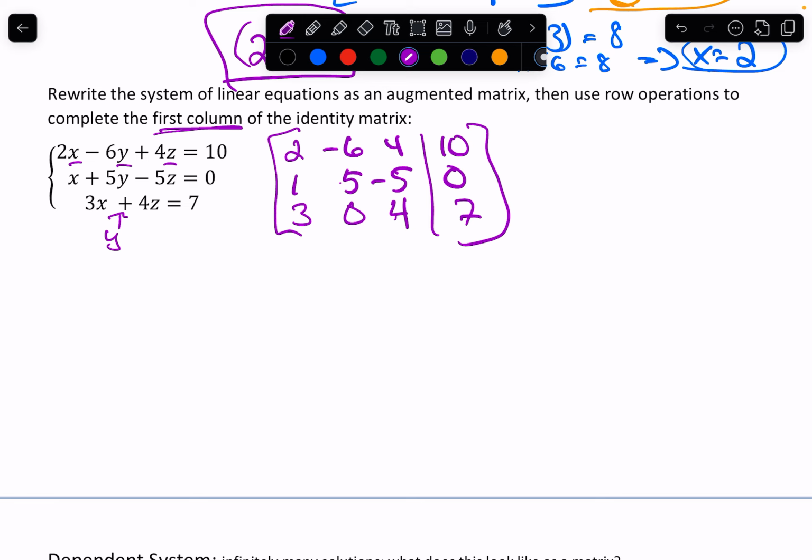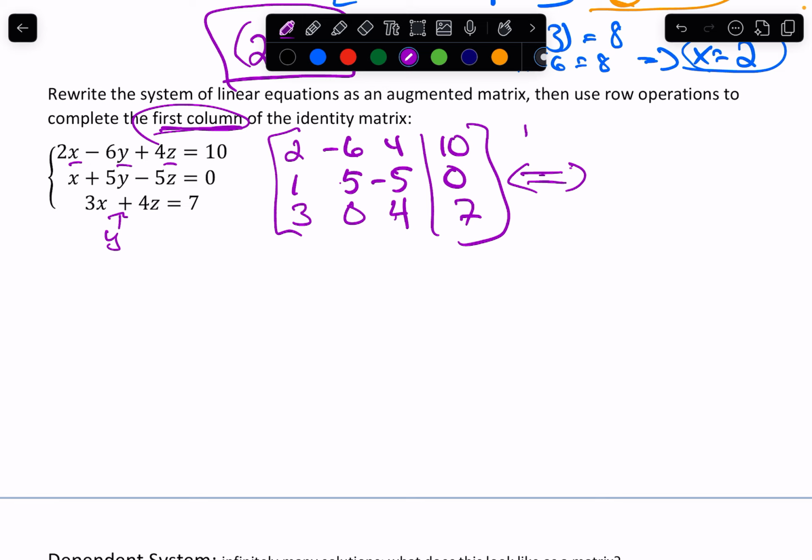Okay, so we need row operations to complete the first column. So again, what we want to do is make sure that we have that first row, first column element as a 1.